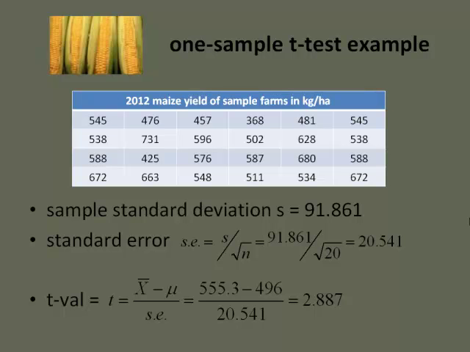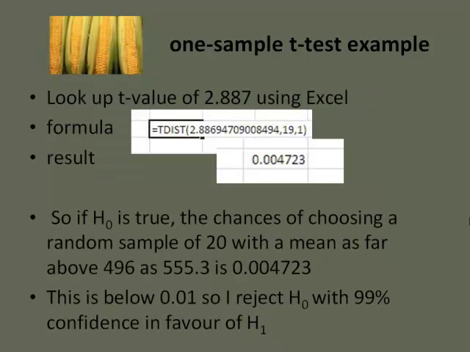So the difference between what you found, the mean you found, and there. How many standard deviations is that? Well, it's that many. How many standard errors, sorry? 2.887. So the t-score, instead of z-score, is 2.887. So it's 2.887 standard errors from the mean. And you can look up in tables on the computer what's the chance of getting a value like that in the t-distribution. So in Excel, that's the formula you put in. Type that in.